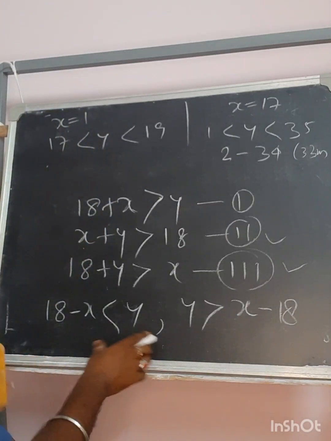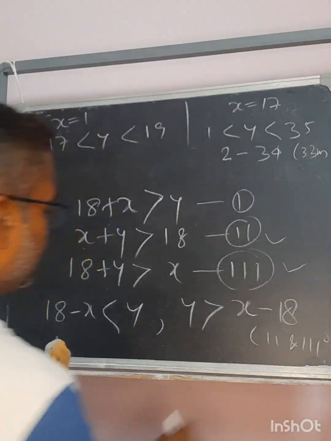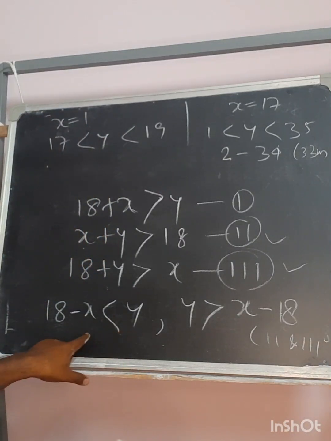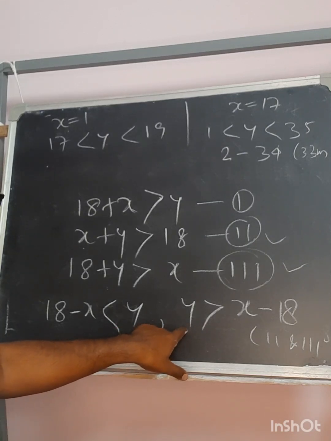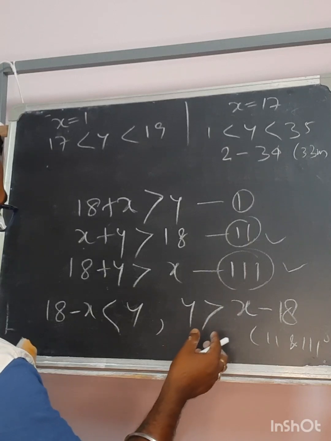So if I see this condition, it is from 2 and 3. So from there I can say y must be greater than 18 minus x, and y also must be greater than x minus 18. So how can these two conditions be possible?